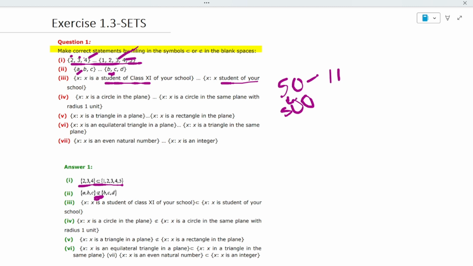I mean that in the 500 members, all those 50 members are also included. So we say that it belongs to. You write the same statement that is given in the question and write it with the belongs to symbol.